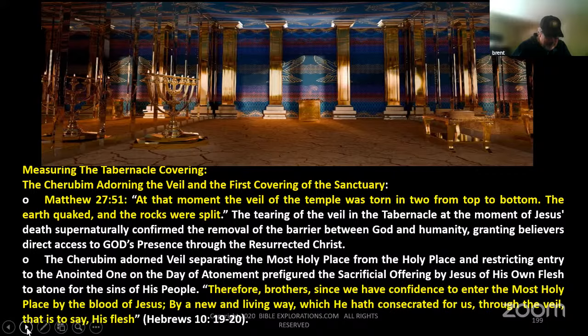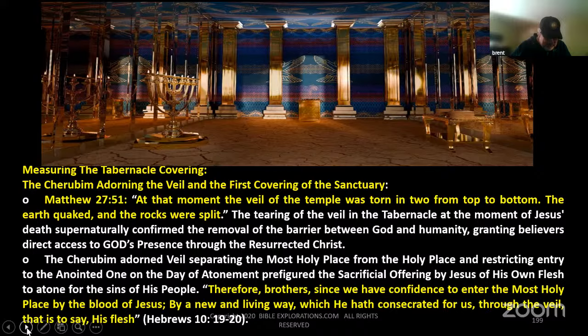The cherubim adorned veil separating the most holy place from the holy place, restricting entry to the anointed one on the Day of Atonement, prefigured the sacrificial offering by Jesus of his own flesh to atone for the sins of the people.